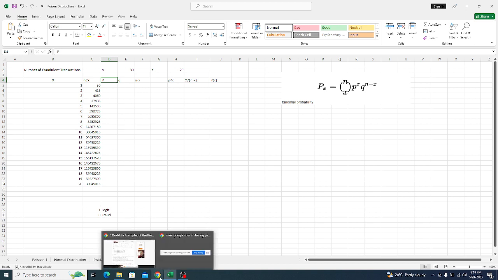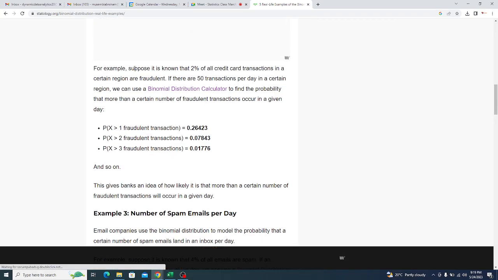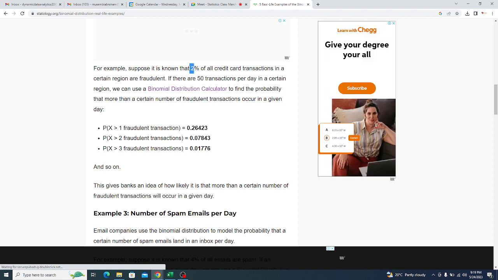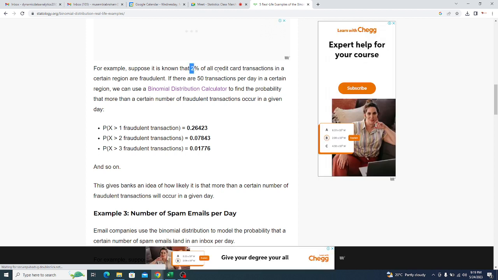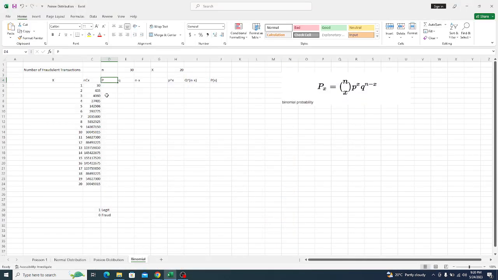Suppose it is known that 2% of all credit transactions in a certain region are fraudulent. So we are going to assume that we have a probability of success of 0.02.